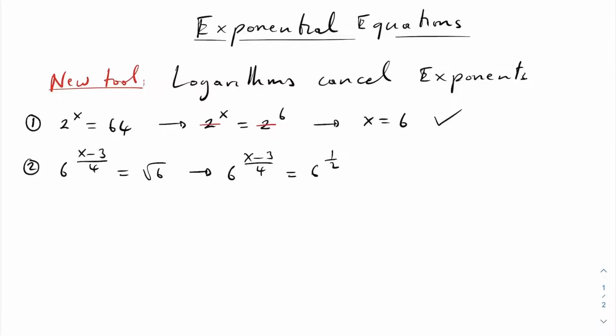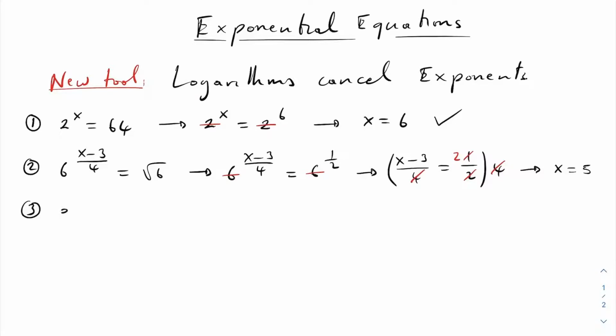Then I'm going to cancel out the 6, or if you wish, put log base 6 on both sides so that I cancel the exponents, and I get (x minus 3) divided by 4 equals 1/2. To get rid of the denominator, I'm going to multiply both sides by 4, which gives me x minus 3 equals 2, which means that x equals 5.